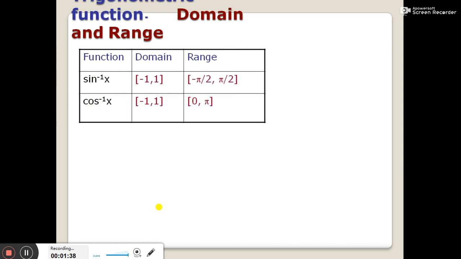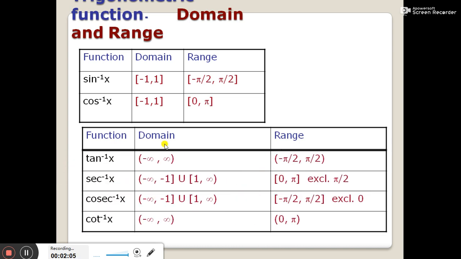Now we have the domain and range of sine inverse x and cos inverse x. The domain is the same, the closed interval minus 1 to 1, and the range of sine inverse x is minus pi by 2 to pi by 2, and the range of cos inverse x is the closed interval 0 to pi.